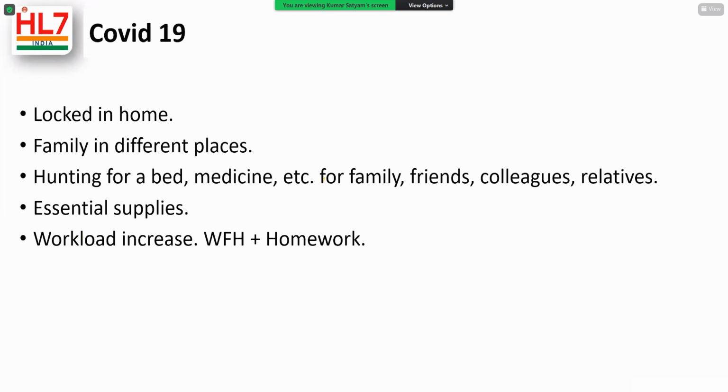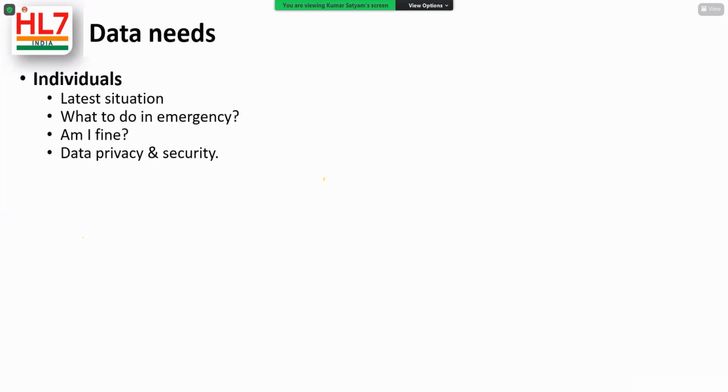Let's explore that. One thing is clear: if we have access to real-time and relevant data, things can be much better. For example, as individuals, if we know about the latest situation, if we know what to do and where to go in case of emergency, if we know am I doing fine, what are the parameters to note, whom to check with.